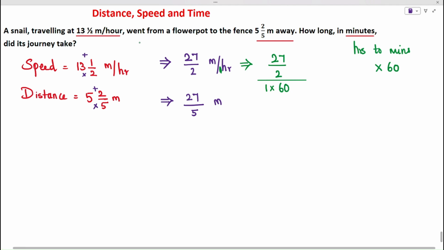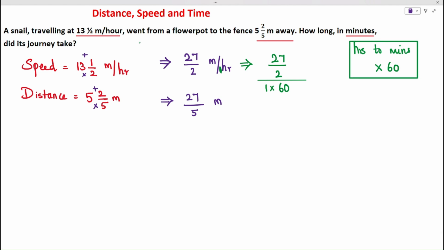And since it's 1 hour, we're going to have it as 1 times 60. This can be given in any case, so you don't really need the 1 times 60, but it is a good way of writing it so you understand that for every 1 hour the snail travels 13 1/2 meters.